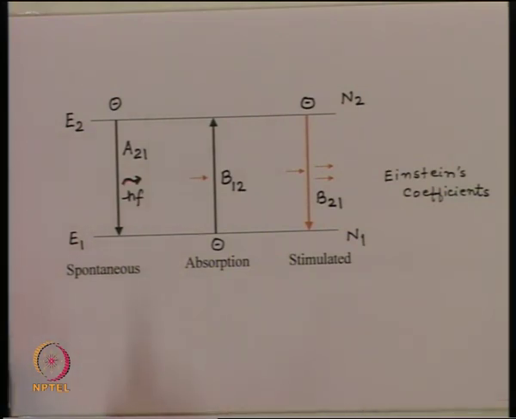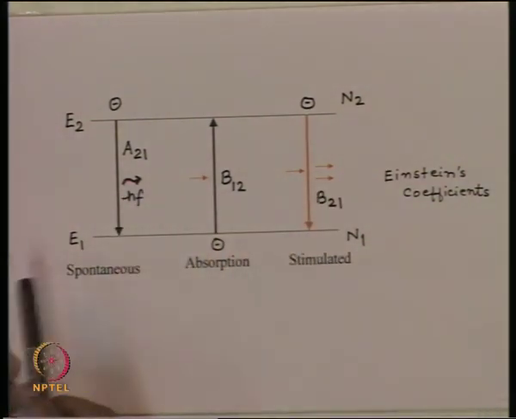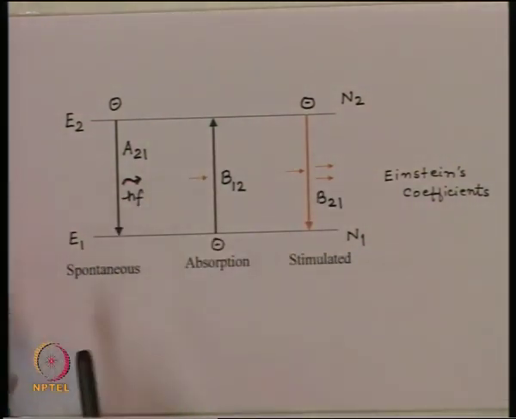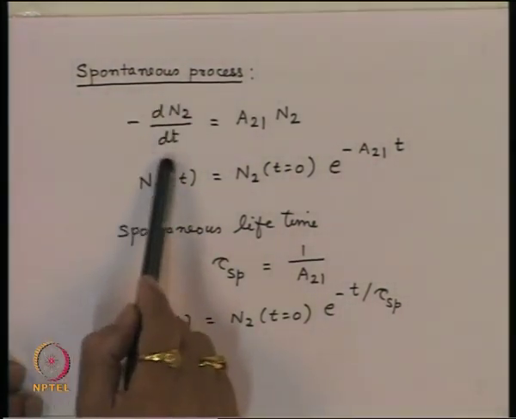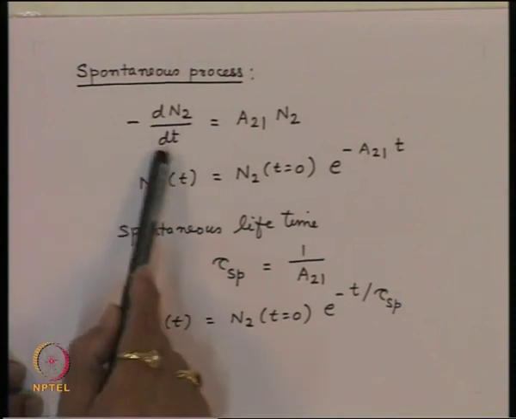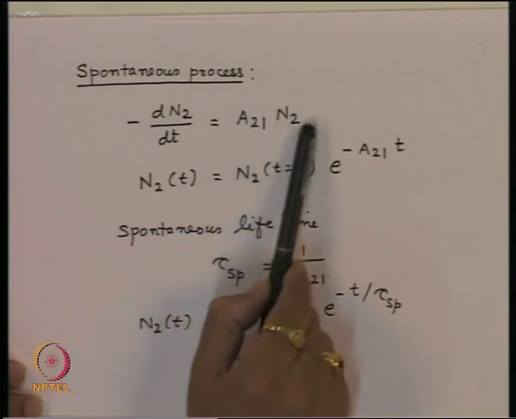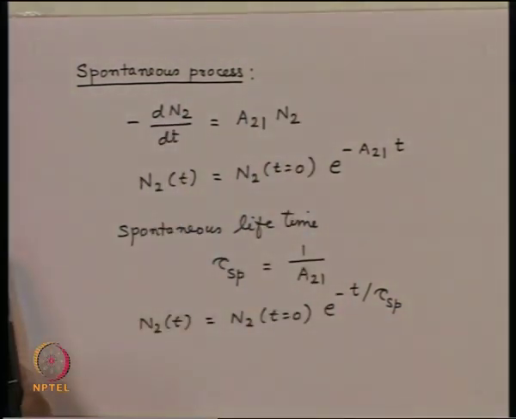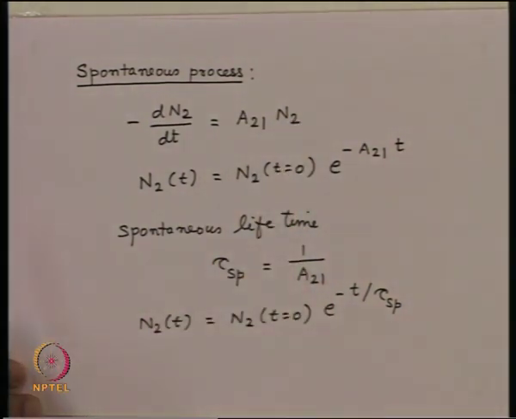if this process takes place, then essentially there are two downward processes taking place here, and one upward process. So, with thermal equilibrium, these processes must balance. So, then we wrote the equations for these processes. For the spontaneous process, we said that the depletion rate of electrons at the higher energy level is given by A21 multiplied by N2, because the rate of change of electrons in the higher energy level is proportional to the electron density at the higher energy level.